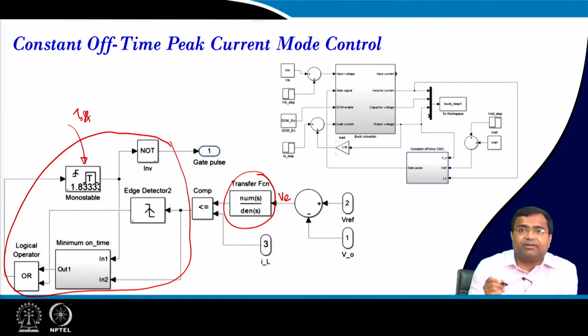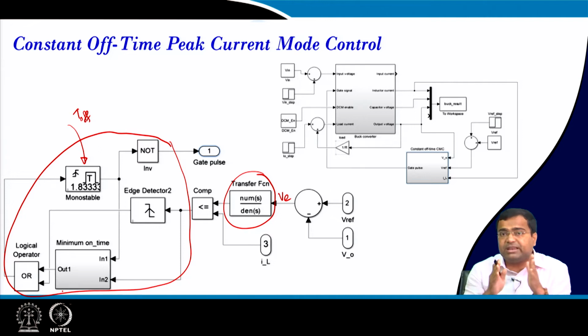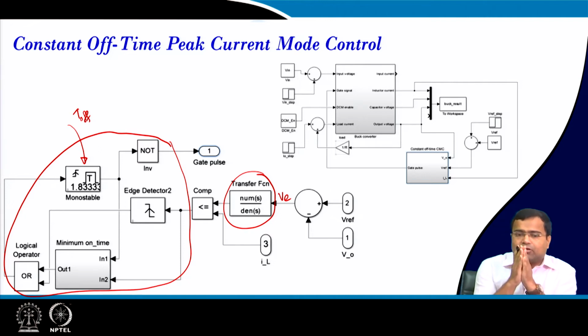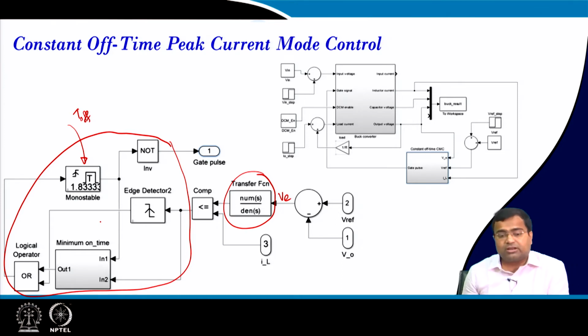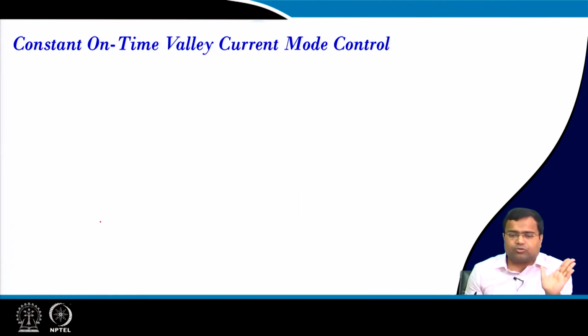Okay, because this is inverted logic, and then we need to consider minimum on time, because in all commercial constant off time control products, you need to consider minimum on time, and then you can realize the whole block. So by this we can realize the constant off time, which is analogous to peak current mode control. That's why it is a constant off time peak current mode control.